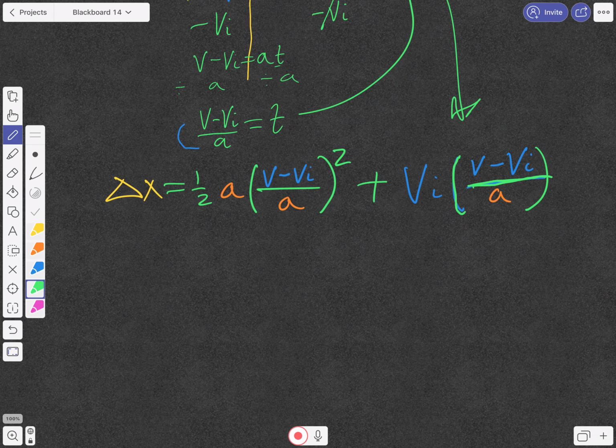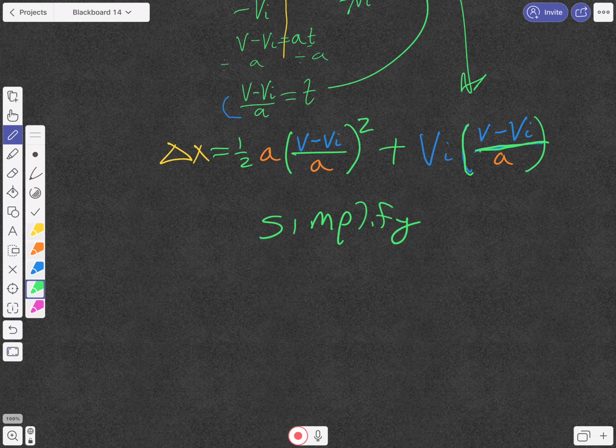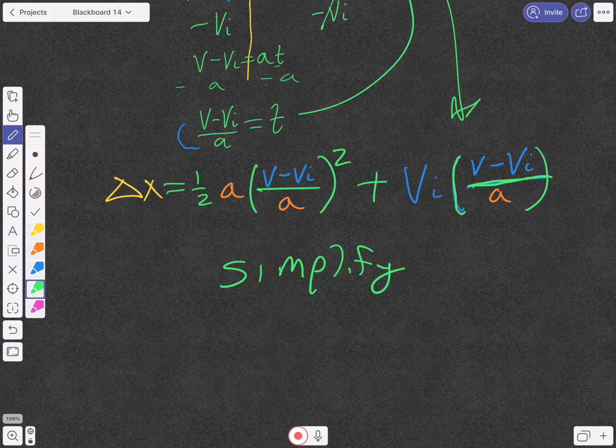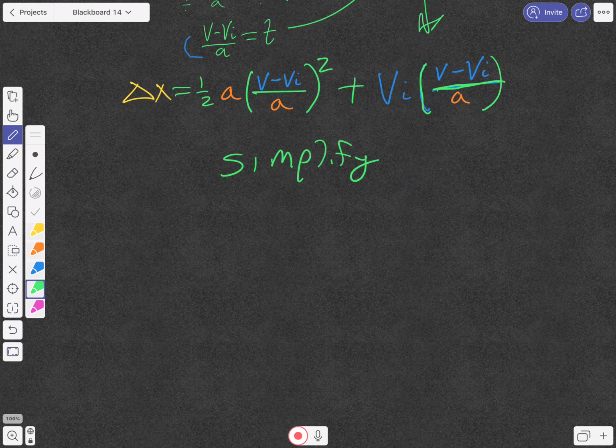And so I'm not going to go through all of the steps here, but I will tell you that this will simplify. And if you want to do it, I absolutely recommend it, just so you can see for yourself how this simplifies.